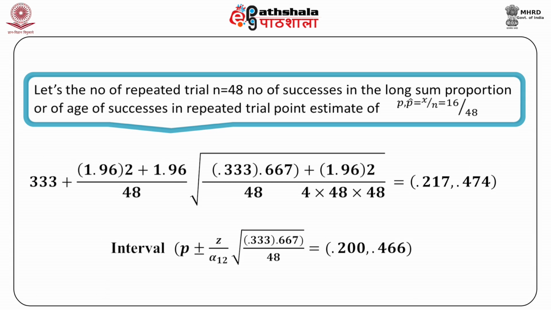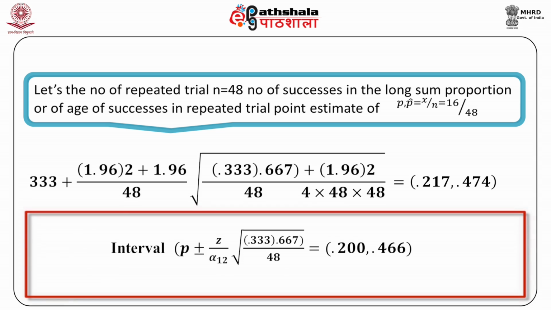Using the simplified formula, the interval is p plus or minus z alpha by 2 into the square root of 0.333 into 0.667 divided by 48, which is equal to 0.200, 0.466.